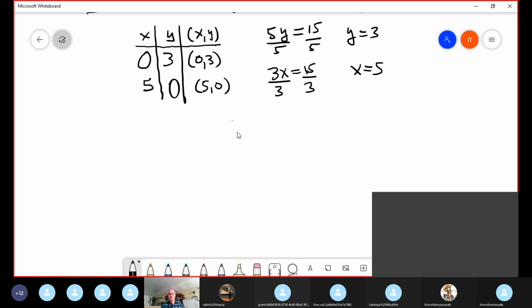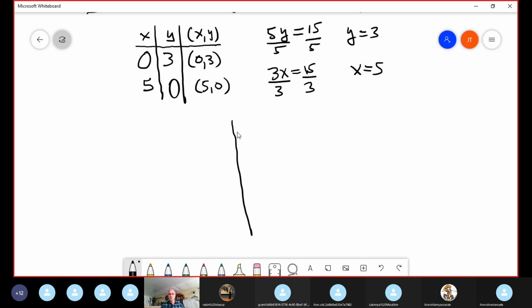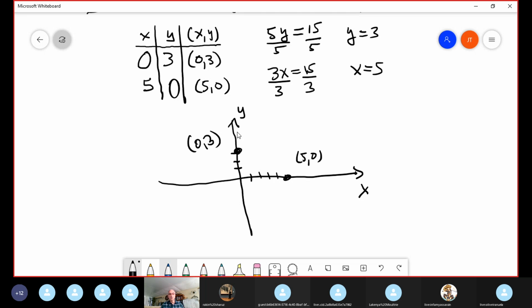So this is the graph: x-axis, y-axis. I plot the point 0,3 here, 1, 2, 3, and 5,0 is 1, 2, 3, 4, and 5. I do the graph using another color, maybe blue.